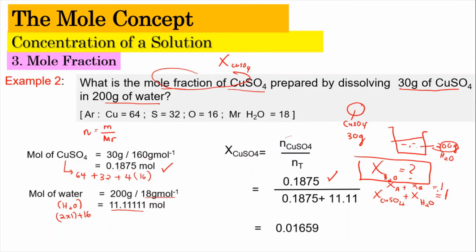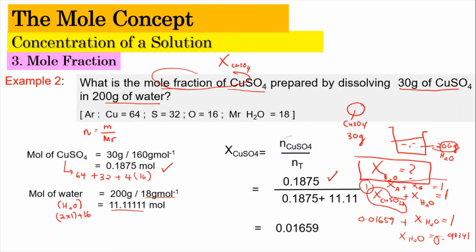Since our mole fraction here is known, 0.01659 plus X H2O is equal to 1. So our X H2O is 1 minus 0.01659. When you plug it in the calculator, you get 0.98341. So this is method number 1.